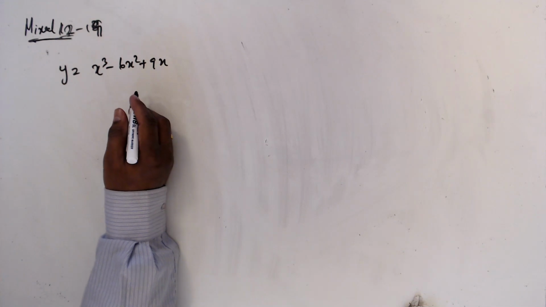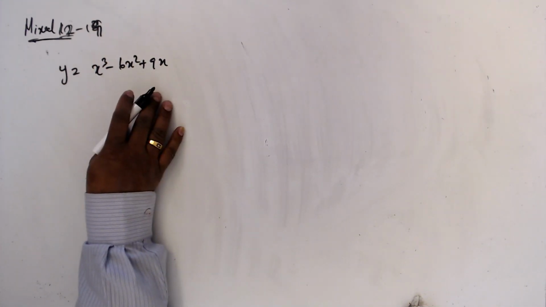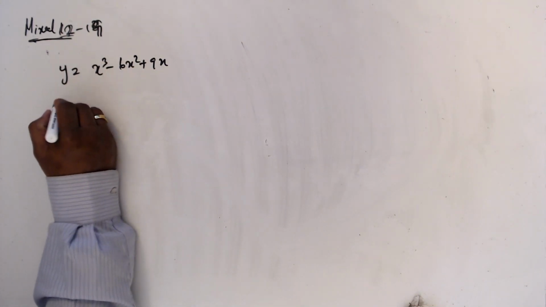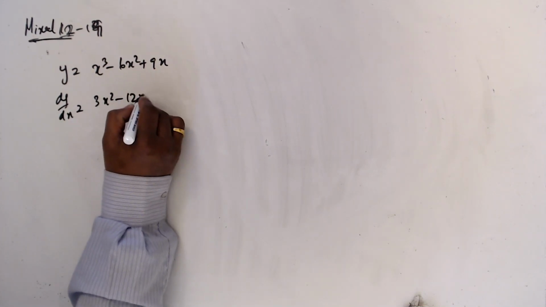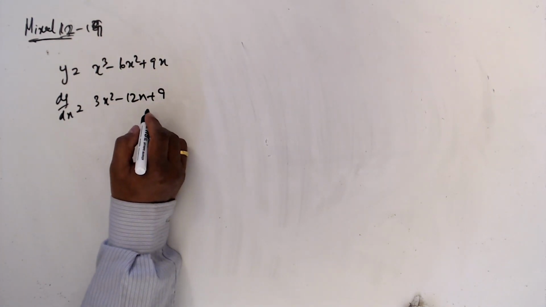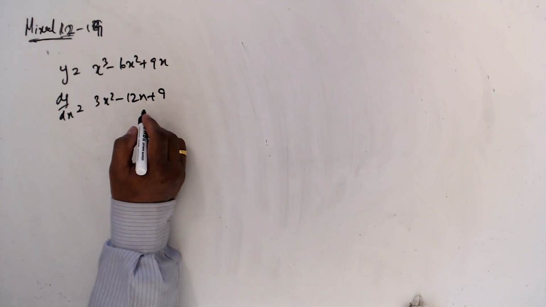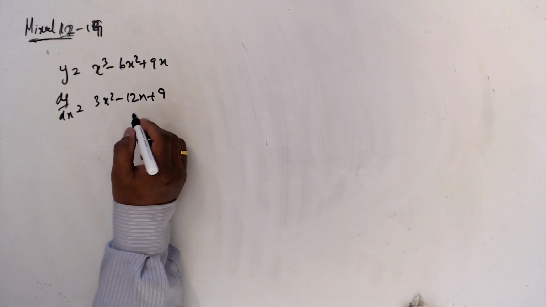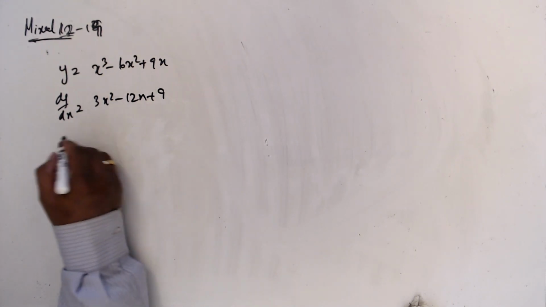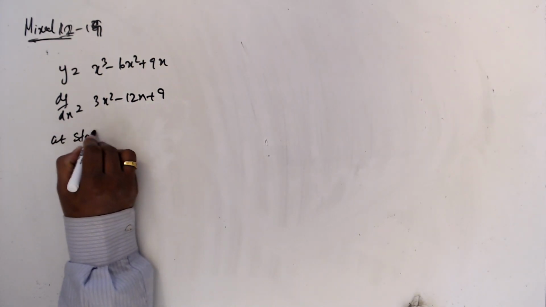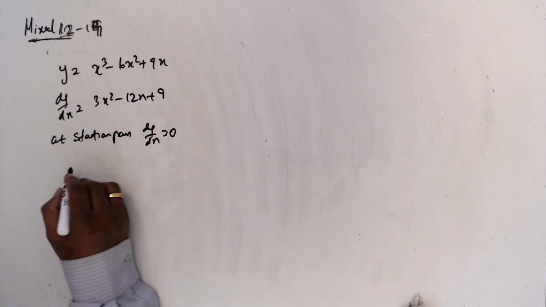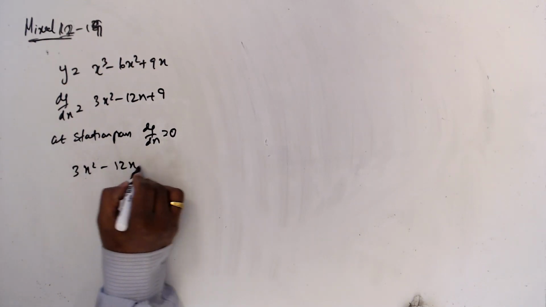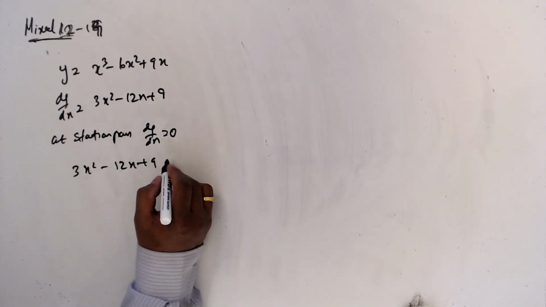So this is question number 19. We need to find the local minimum and maximum. First of all we want to get dy/dx, that is 3x² - 12x + 9, and at a stationary point dy/dx = 0, so 3x² - 12x + 9 = 0.